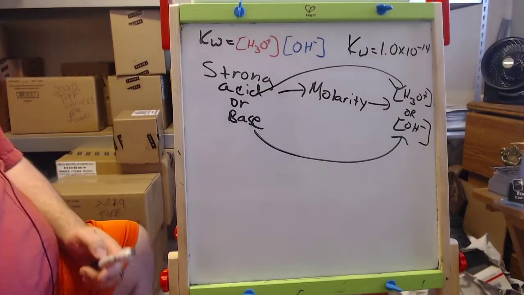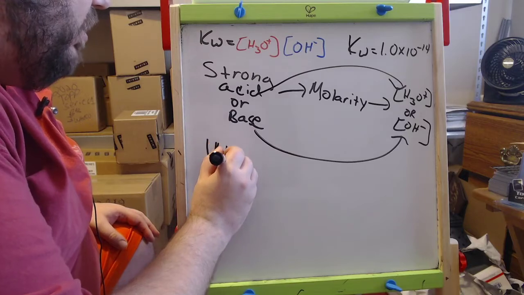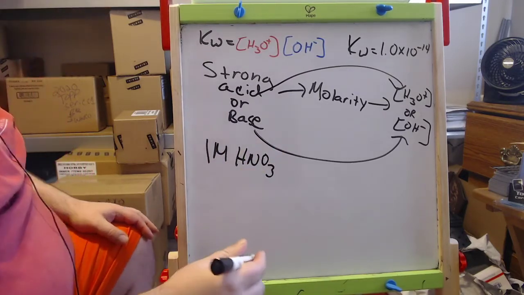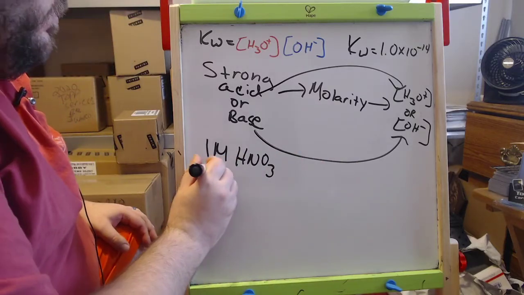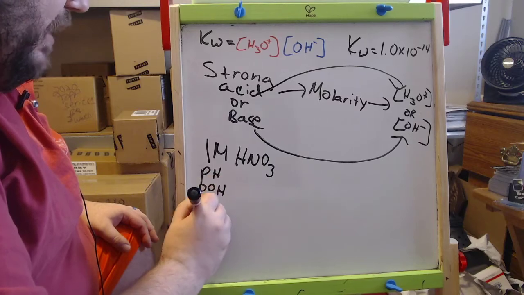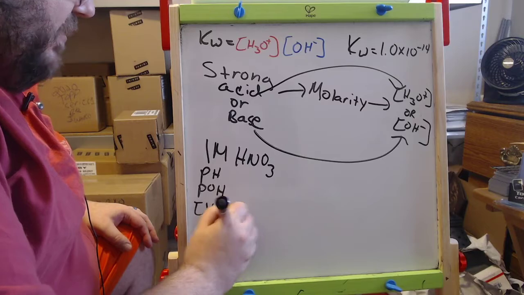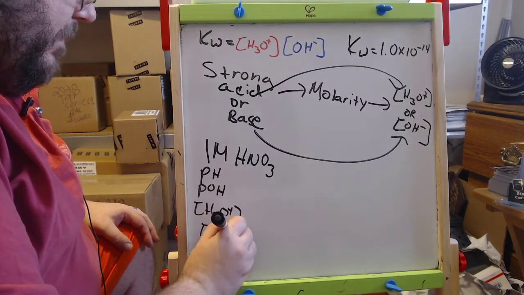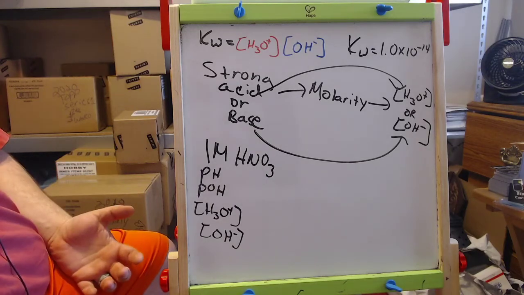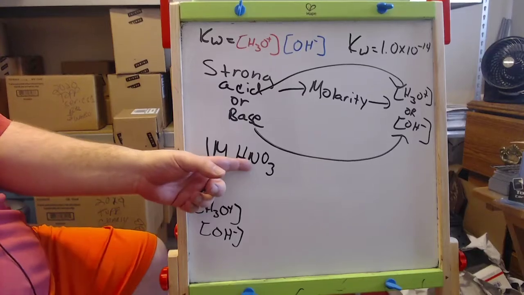So, if I were given a problem that said I have 1 molar nitric acid, and I want to know the pH, the pOH, the concentration of H3O plus, and the concentration of OH minus, I could do that given just this information. First of all, I'm a strong acid.